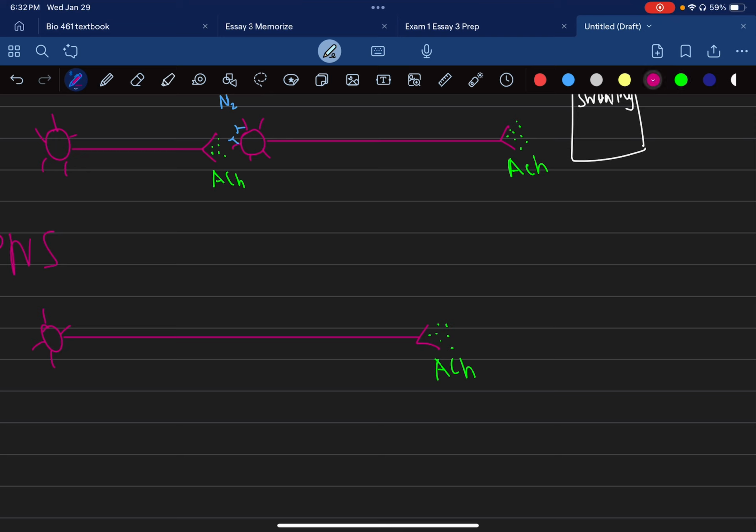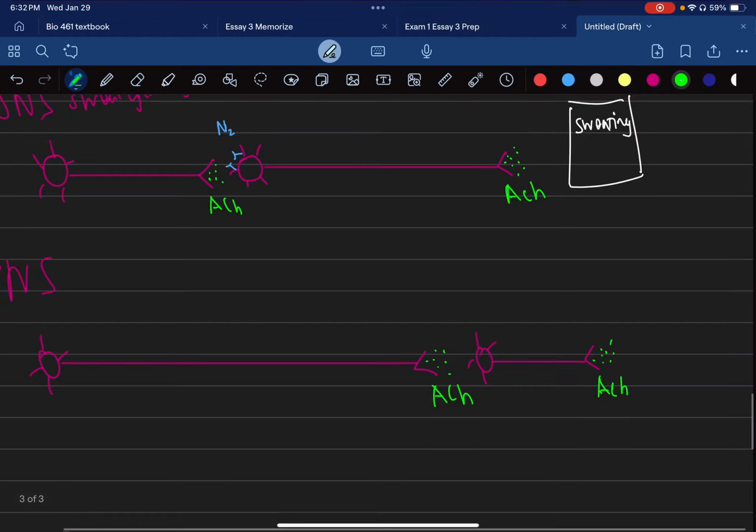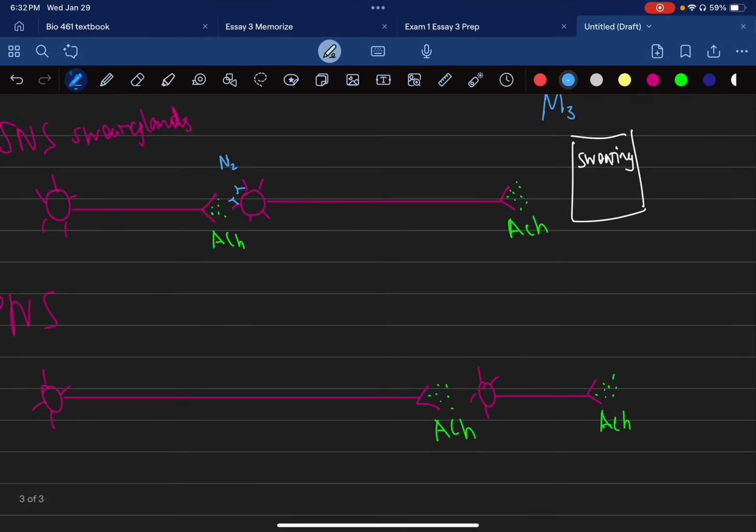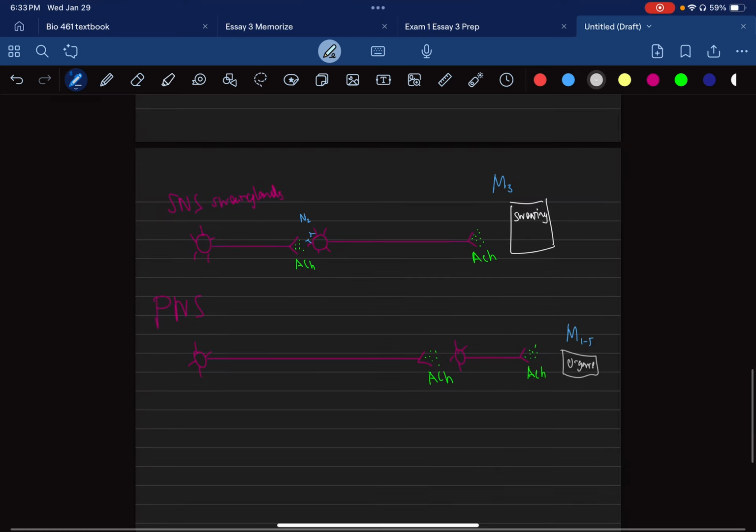And then the postganglionic neuron is going to be shorter. And it's also going to release some ACH, which will be received by any muscarinic receptor that we might need on any of our organs, glands, whatever it's going to.